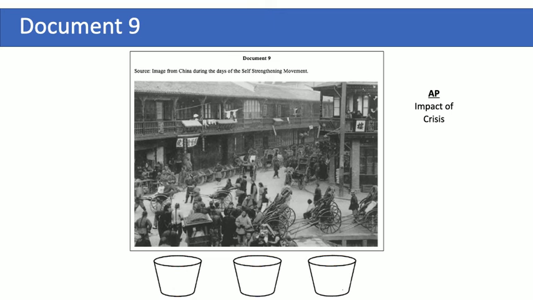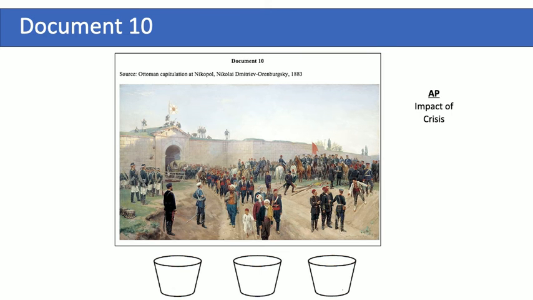They're trying to modernize, but I don't see many modern things in there. So this might help me explain the economic crisis of China. And again, I don't have to use all the documents. Here's another document showing an Ottoman capitulation, right? That's the political crisis, giving in to the Europeans.